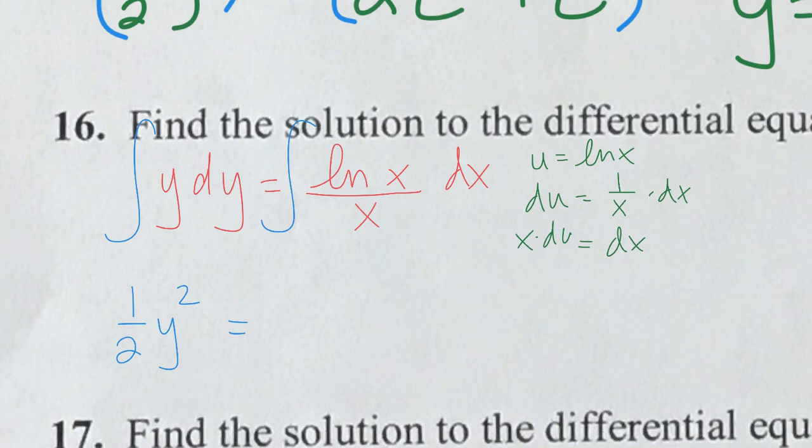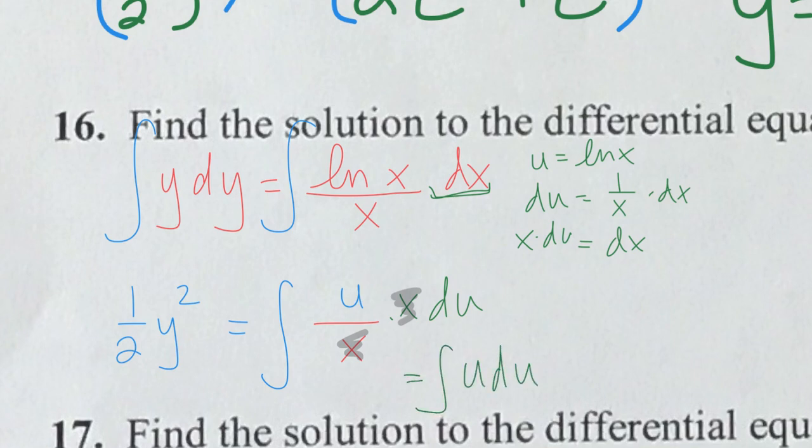We're using u substitution and letting u be the natural log. So u is your new substitution, so u over x times x du, right? When we replace dx with x du, oh, look what happens. Amazing that the x's cancel each other out, and we just have the integral of u du.